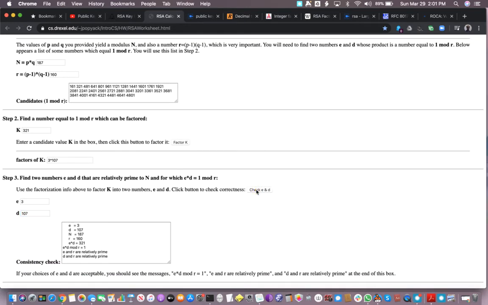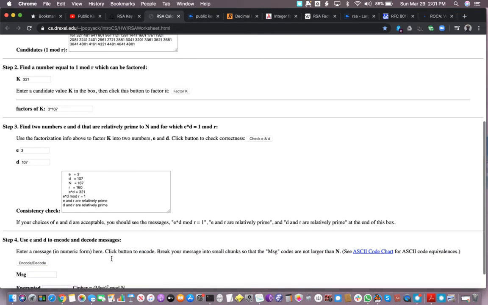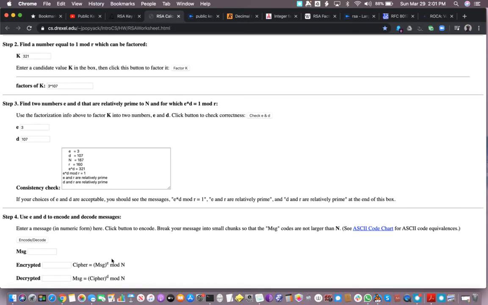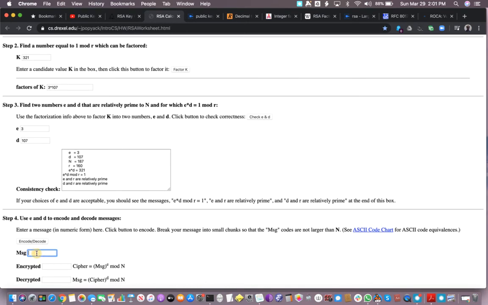Then it says check them. So E is 3, D is 107, N is 187, phi of N is 160, and E times D mod phi of N is indeed 1, and we're all set. So now it'll allow us to encrypt. I need to take a message which has to be in Zn star. How about 102?